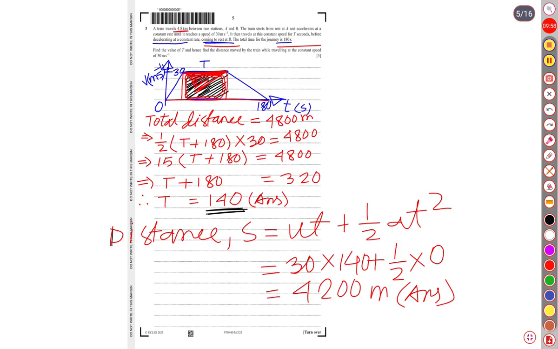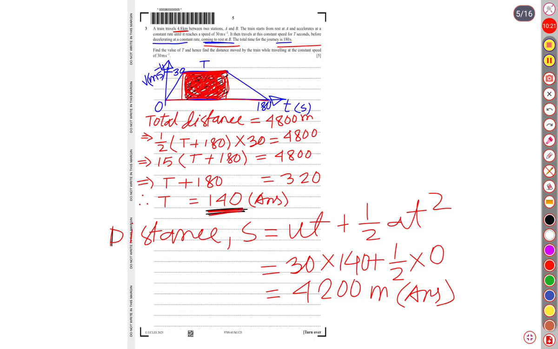And here, please don't get confused with this, that distance is equal to ut plus half at square. Here actually it is about the time when it was traveling at a constant speed. That means already we have found the length of the time it was moving at a constant speed was 140 seconds.